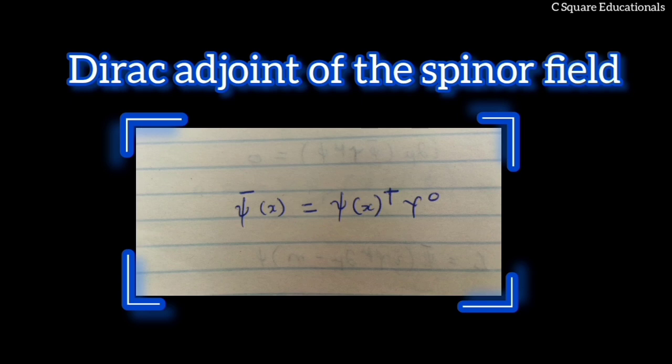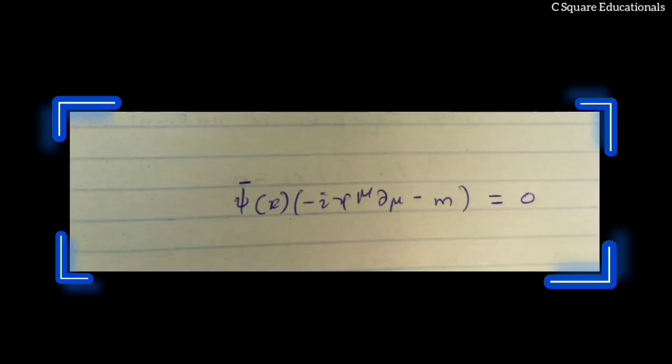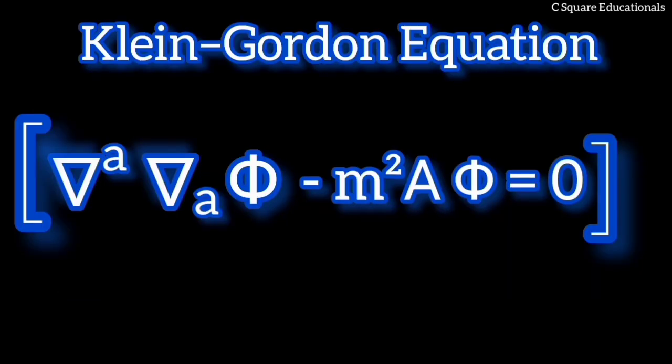One can derive the adjoint Dirac equation by taking the Hermitian conjugate of the Dirac equation and multiplying on the right by gamma 0, where the partial derivative acts from the right on psi bar of x, written in the usual way in terms of the left action of the derivative, applying i partial slash plus m to the Dirac equation. That is, each component of the Dirac spinor field satisfies the Klein-Gordon equation.